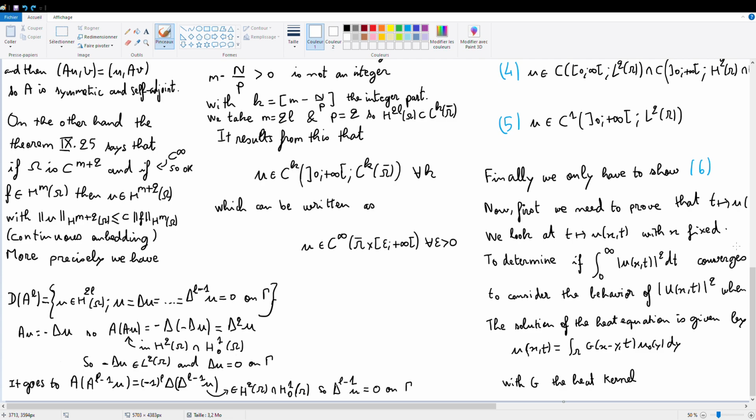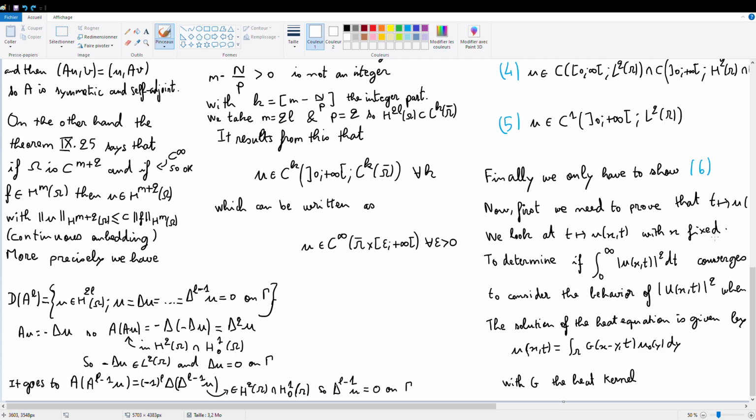So we apply A another time, we get Laplacian squared of U. And A of U, by definition, will be in H2 of omega intersected with H1 0 of omega. So minus Laplacian of U is in L2 of omega, and Laplacian of U is equal to 0 on gamma.